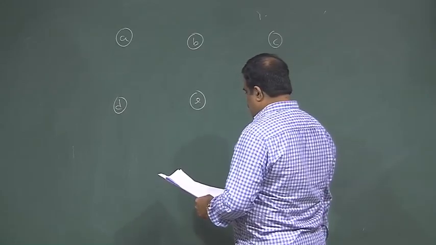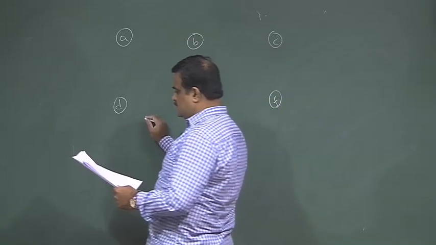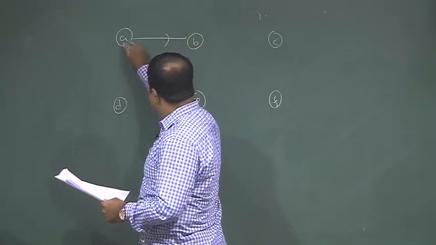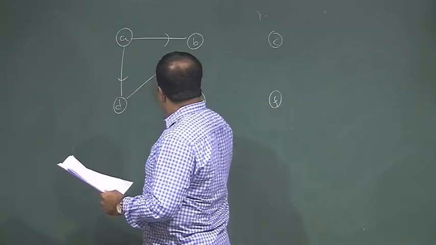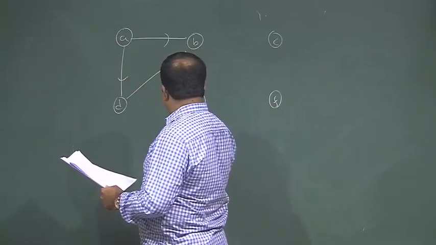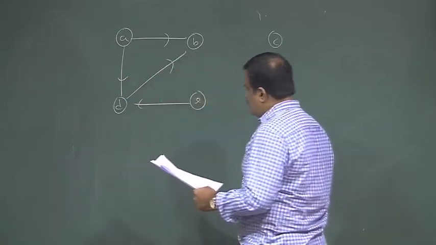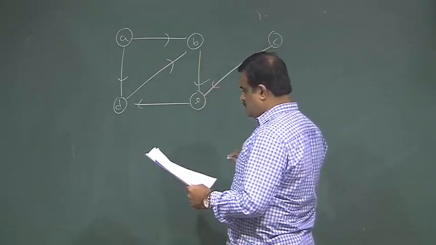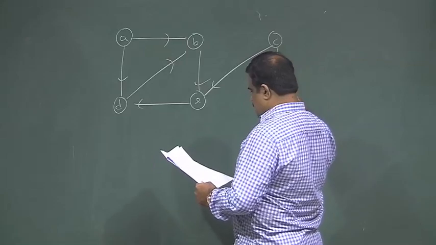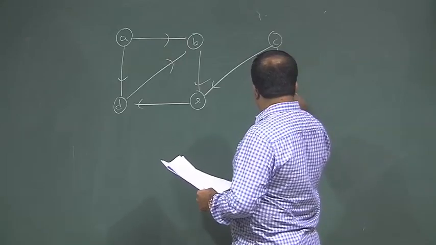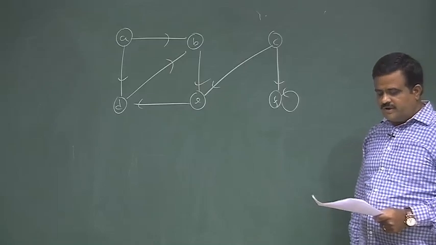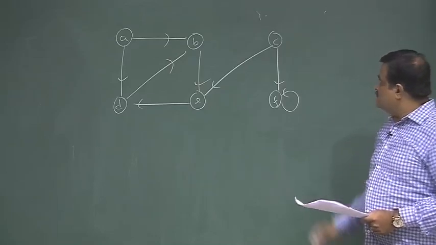And then suppose we have these edges, this one, this one, this one. This is a directed graph, it can work for an undirected graph also, this one and this one, and we have a self edge over here. Suppose this is the given graph and we want to explore the DFS on this.